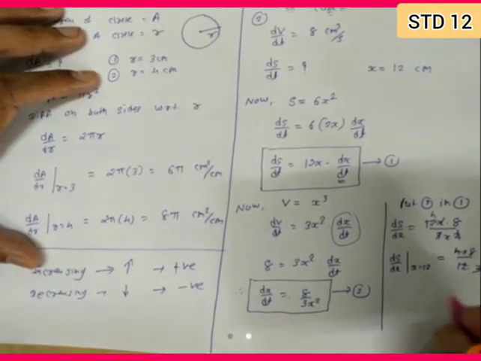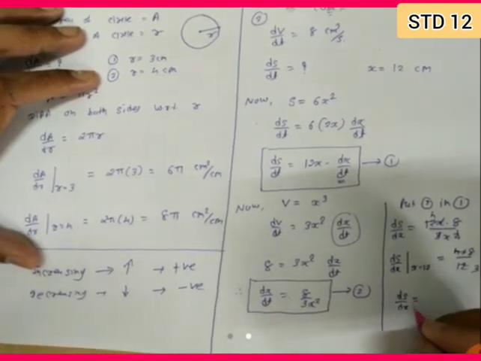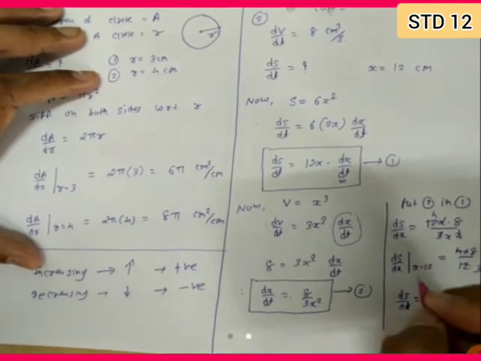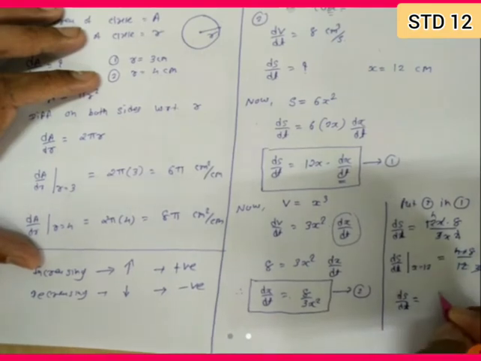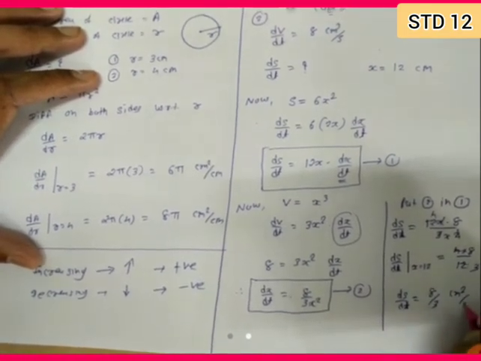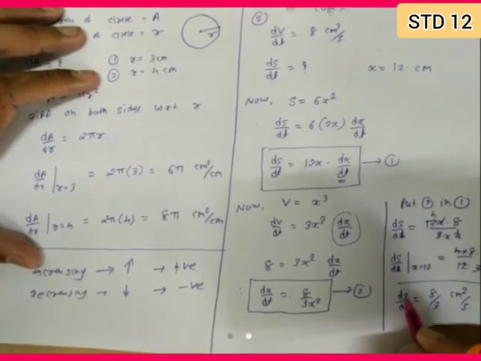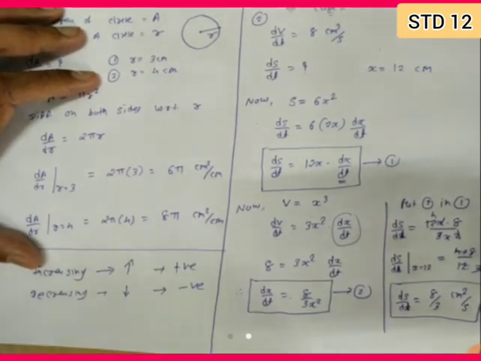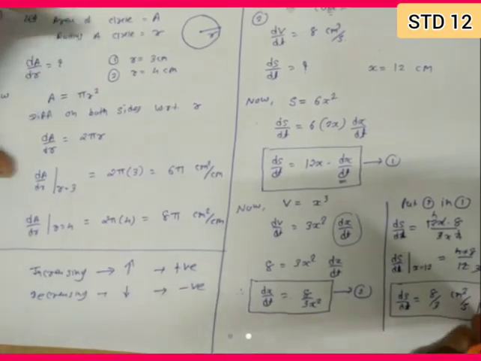So dS by dt, the rate of change of surface area with respect to time, is 8 by 3 centimeter per second. This is our answer. Surface area is in centimeter square and time is in second.